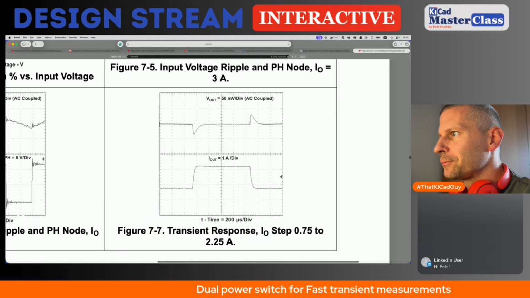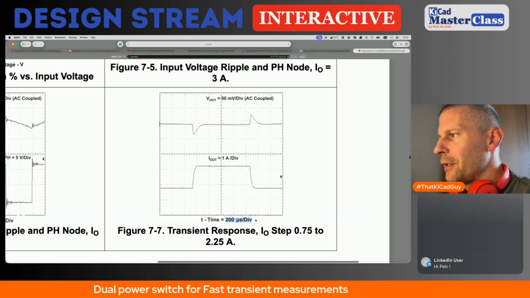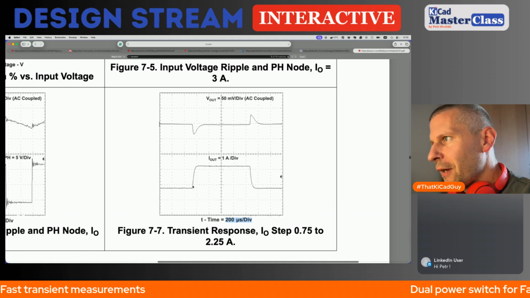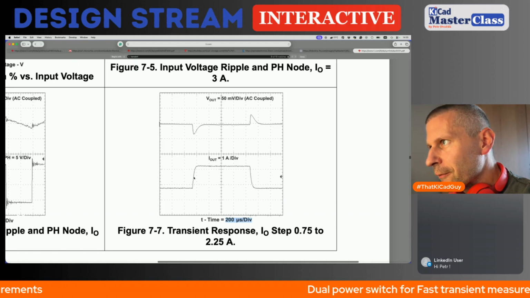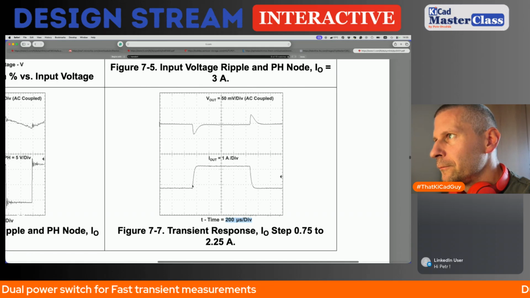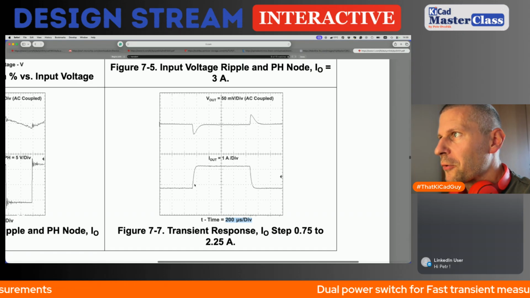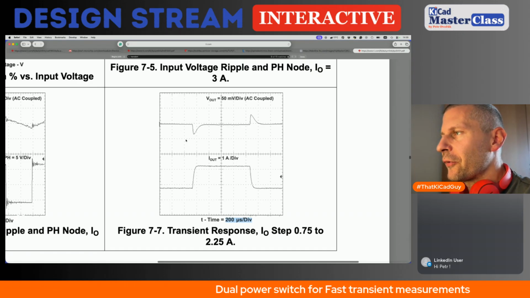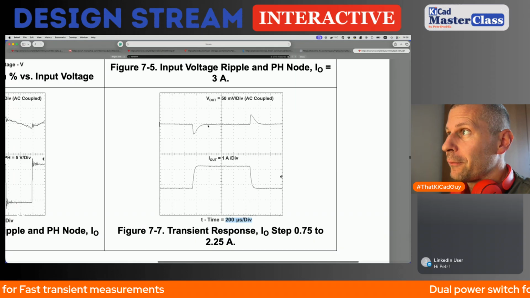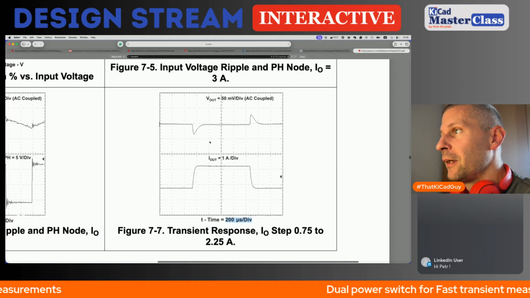According to this, the time scale is 200 microseconds, and it means that this edge is, I don't know, maybe 20 microseconds, and the transient response on voltage is not very great. Yeah, we are speaking about 30 millivolts, something like this.